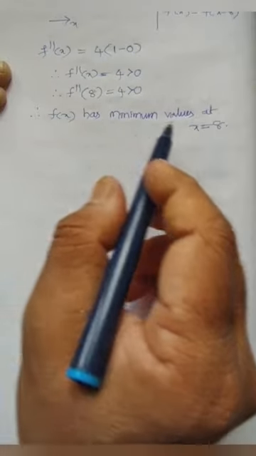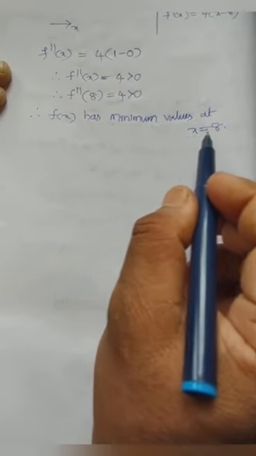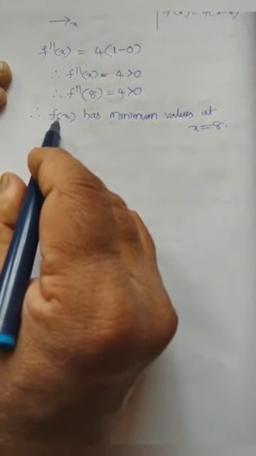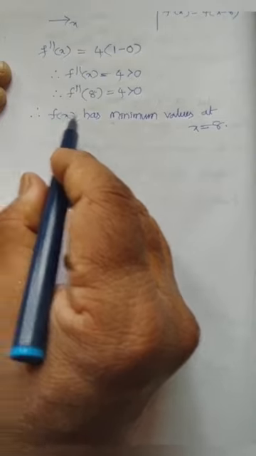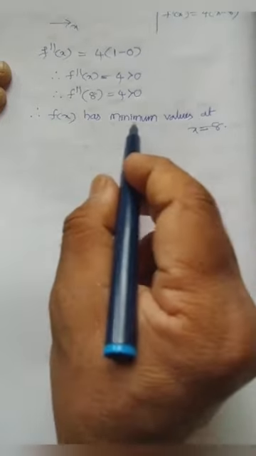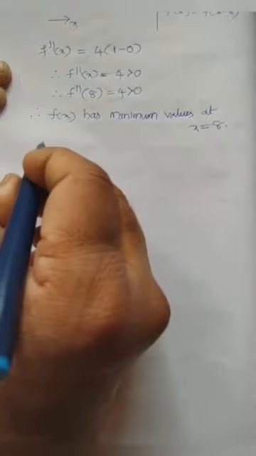Okay, so we got the one positive integer, assumed positive integer x is equal to 8 here. The function, the sum of the squares of the positive integers, is minimum at that level. At which level? Whenever the positive integer x is equal to 8.